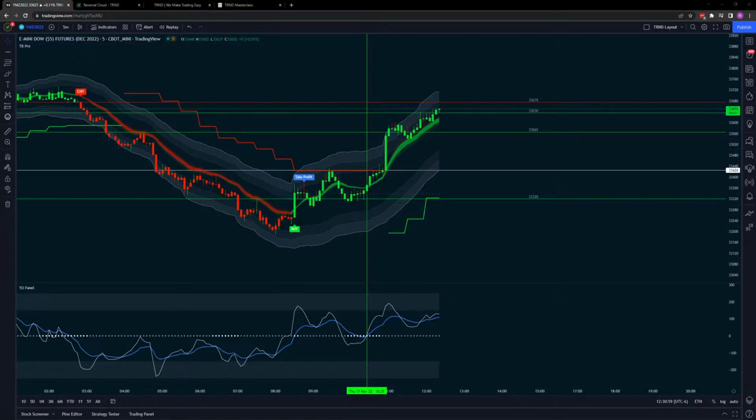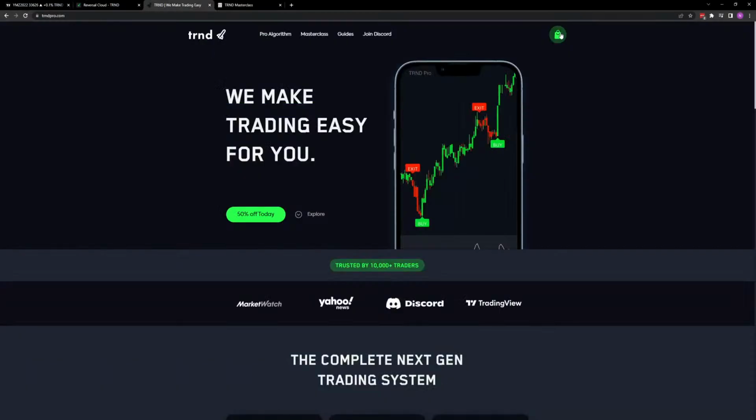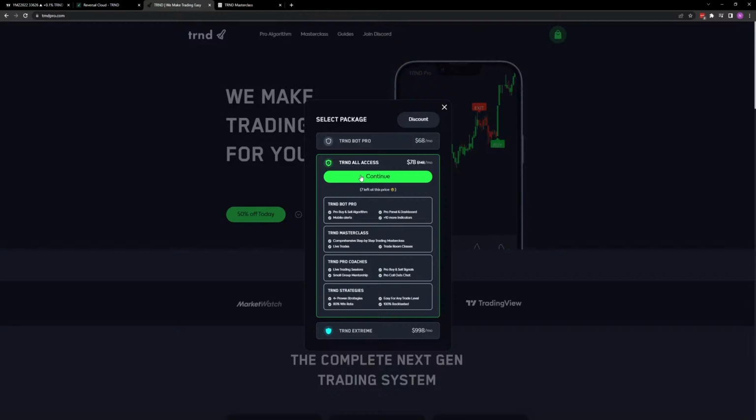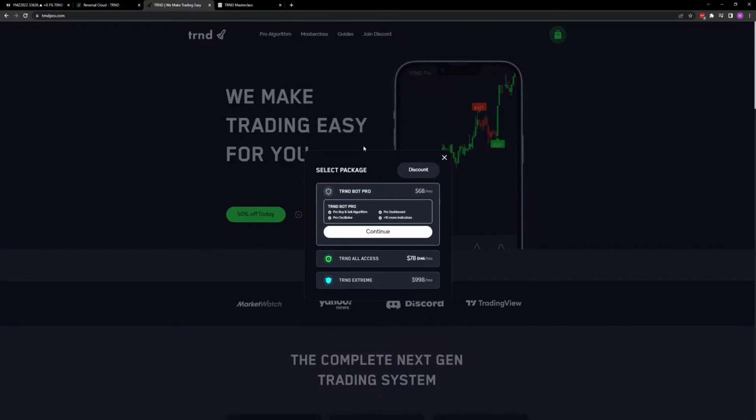So how much for the indicator? We have 2 subscriptions. We have Trend All Access and TrendBot Pro. TrendBot Pro is just going to give you the indicator, right? It's not going to give you anything else. It's going to give you limited access to the Discord.